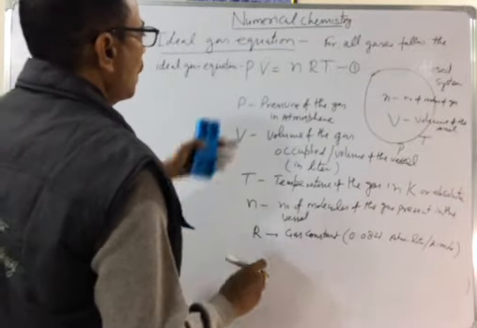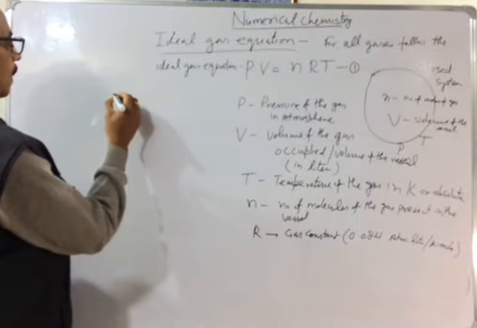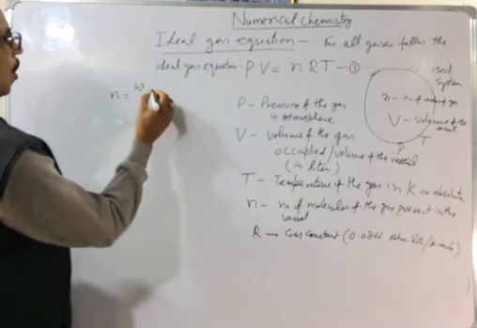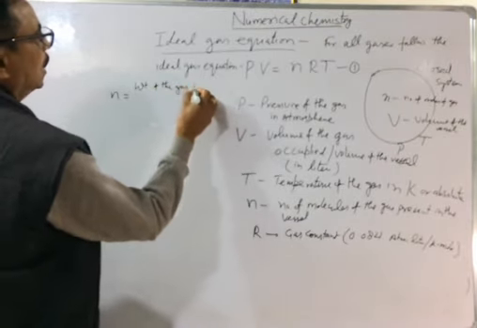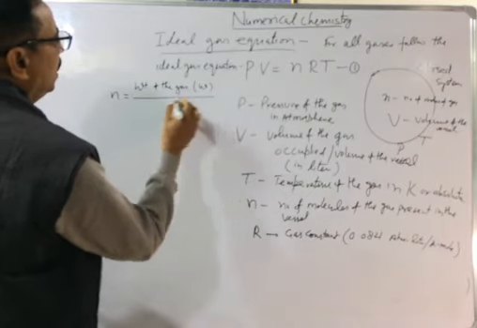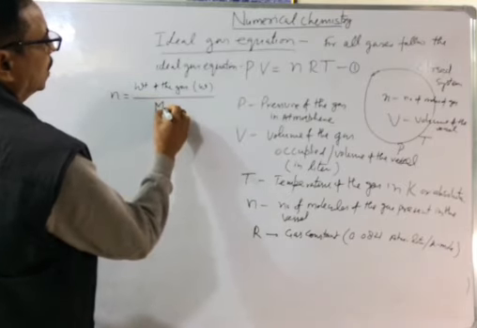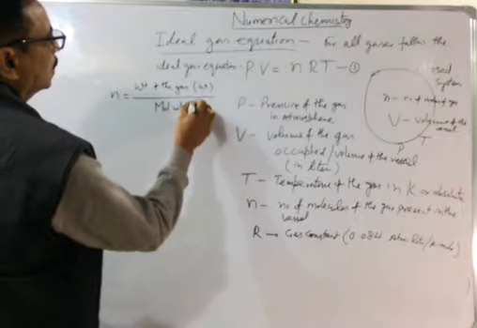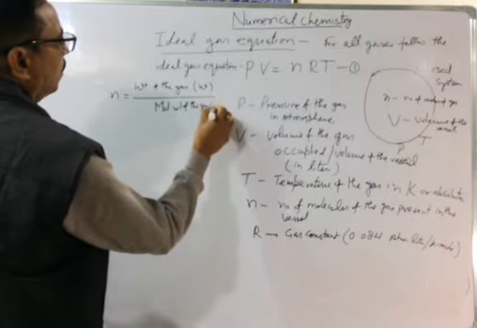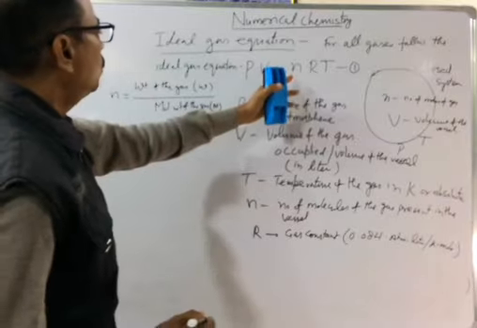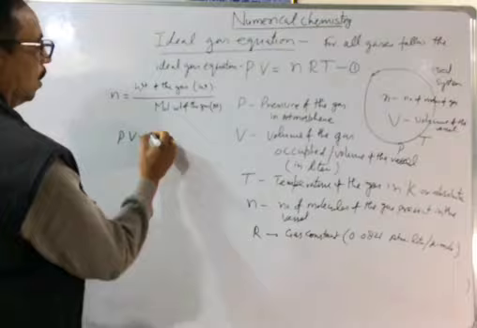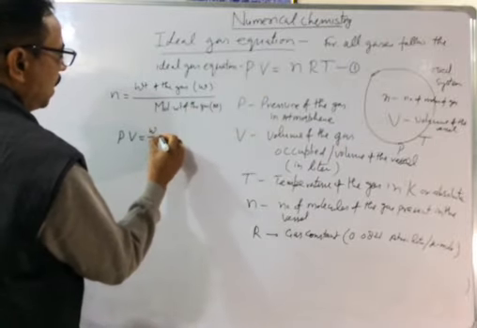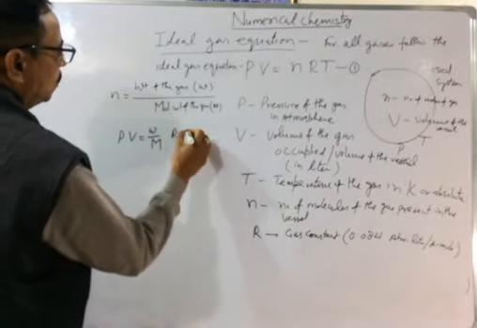You know the number of moles is the weight of the gas, say W, divided by the molecular weight of the gas, that is capital M. So put n equal to W by M. So PV equals W by M, RT.